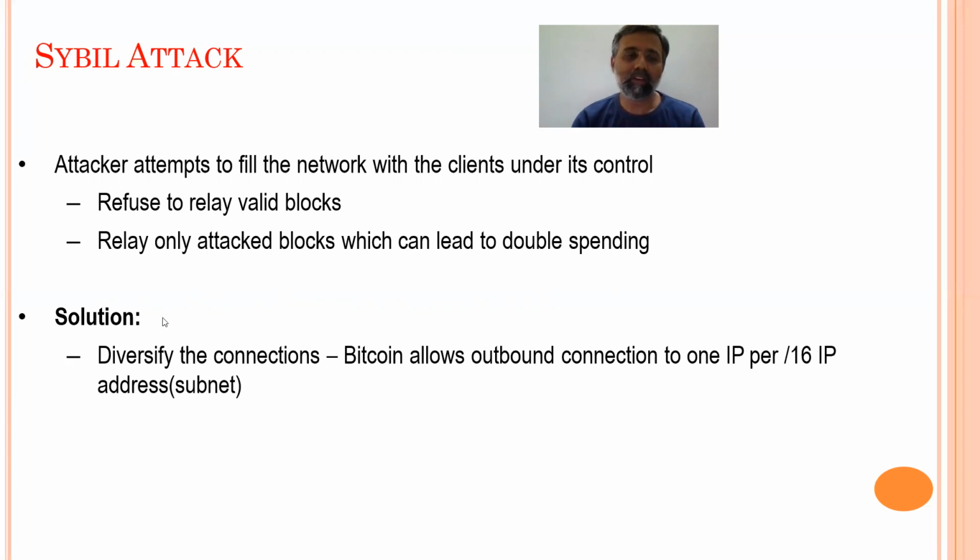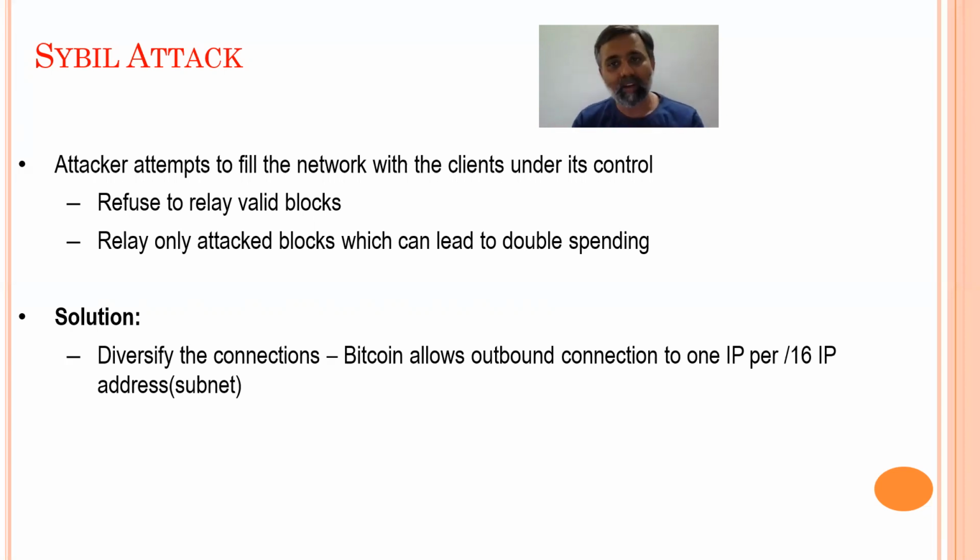So a possible solution for that is to diversify the connections, say, for example, a kind of subnet. Suppose we have a group of nodes; for that group, only one IP should be allowed.